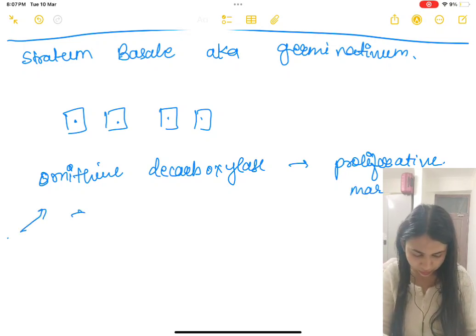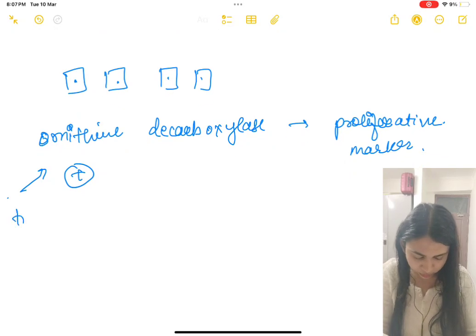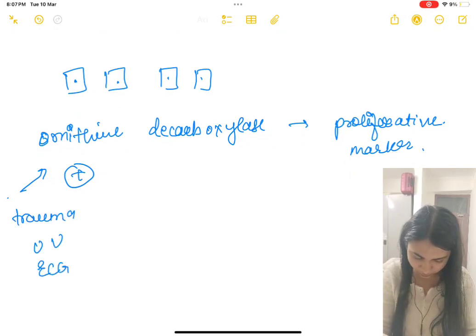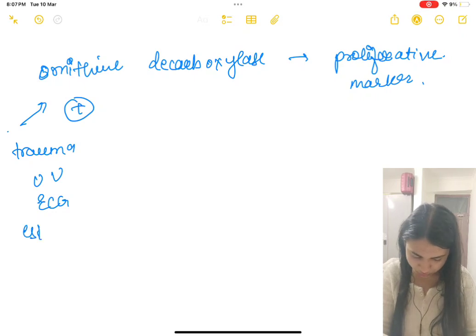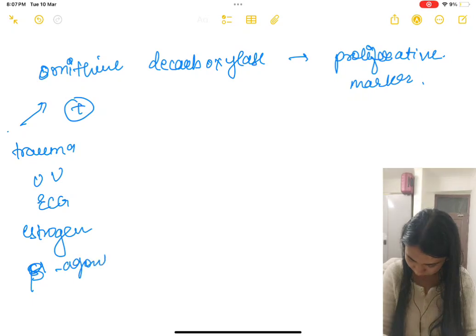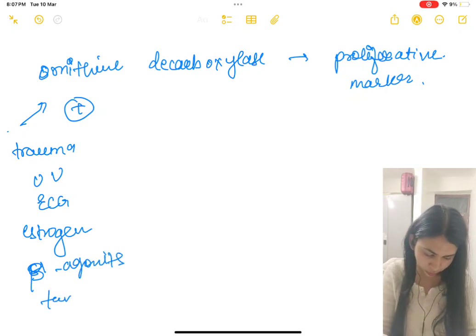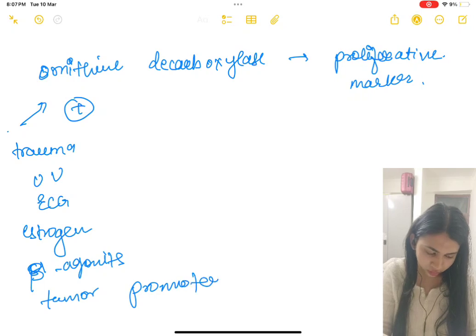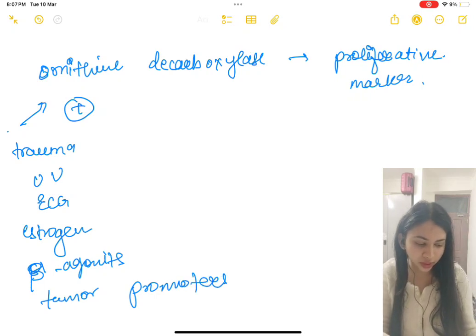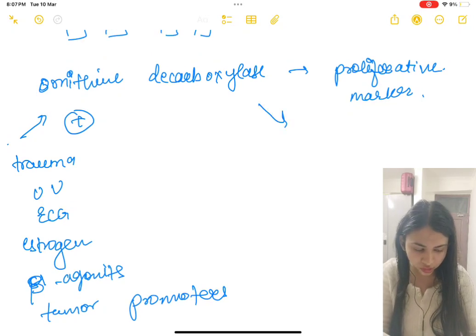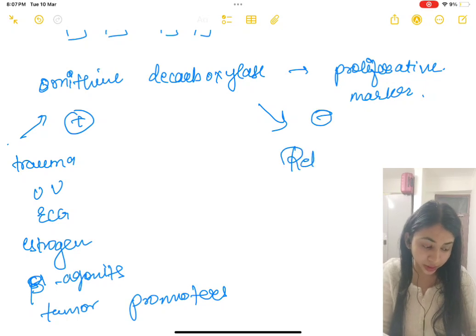Now, these are stimulated by trauma, UV, epidermal growth factors, estrogen, then your beta agonist, and your tumor promoters. These are all the things which will stimulate your ornithine decarboxylase, which will lead to hyperproliferation, and it is inhibited by retinoids.